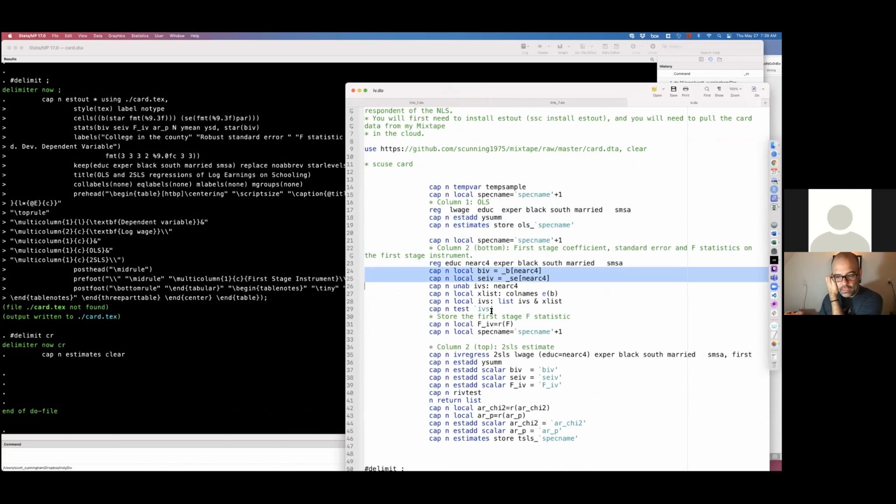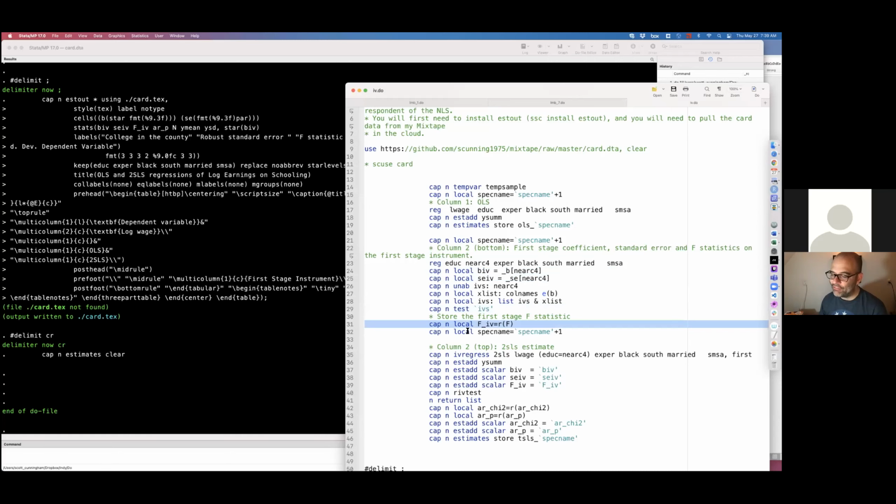Let's see, where did I do my F statistic? Test. Here it is. Test the instrument. Here's the instrument. I do test right there. And I save the F statistic.